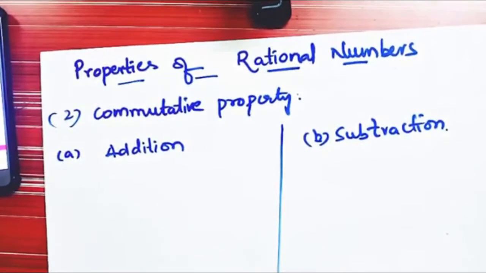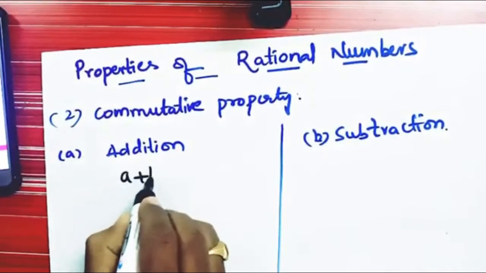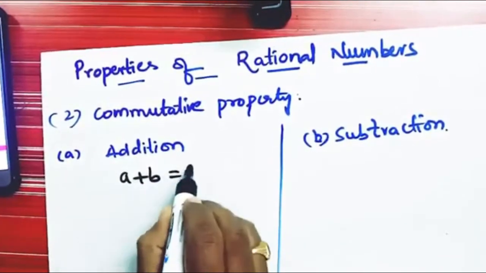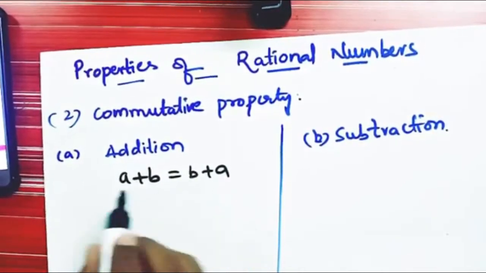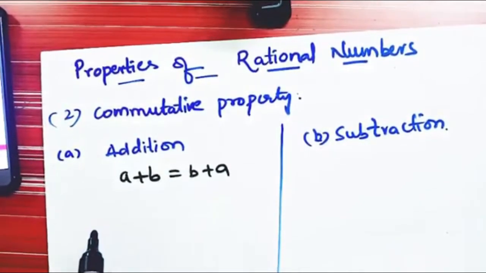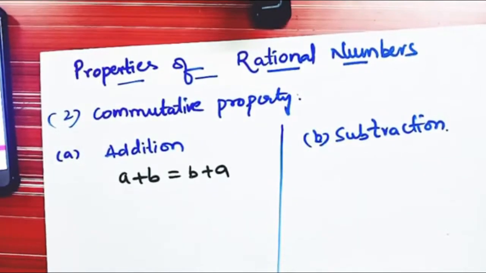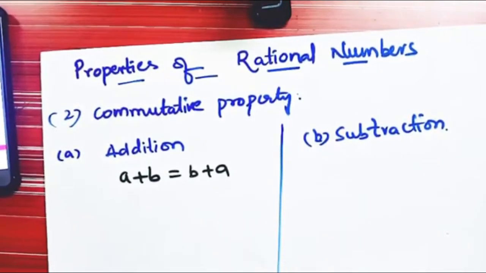For example, if we are taking a plus b, that answer is also equal to b plus a. If we are changing the order of these numbers, then the answer is still equal, and this states the commutative property. Now we will check this for the addition.